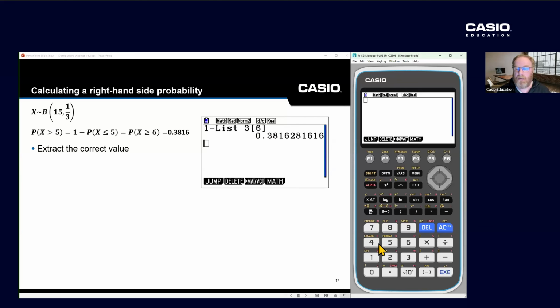So this time it's 1 subtract list 3, and I want the 6th row. That's where X is 5. Remember, it starts with 0. So I can extract that value, and now this is the probability X is 6 or more. That's quite nice, showing that you can extract values from a list if you use the list technique.